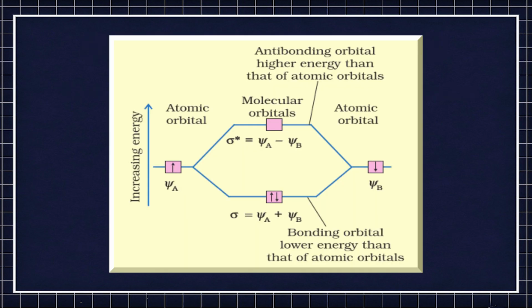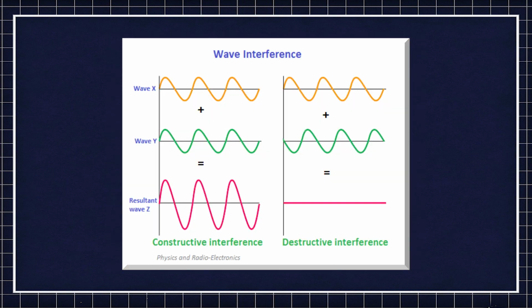The molecular orbital sigma formed by the addition of atomic orbitals is called the bonding molecular orbital, while the molecular orbital sigma star formed by the subtraction of atomic orbital is called anti-bonding molecular orbital as depicted in the picture.